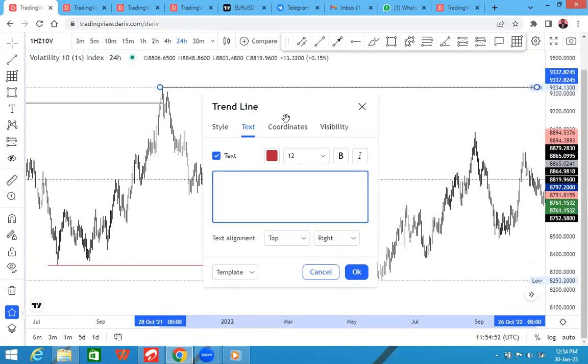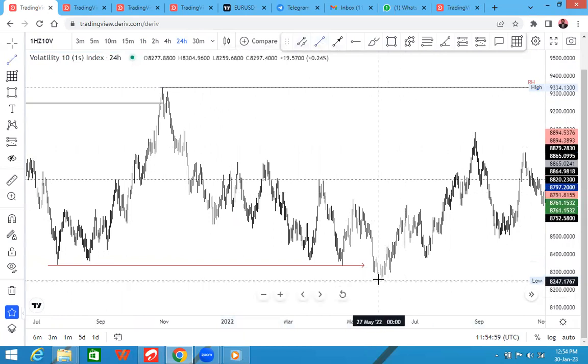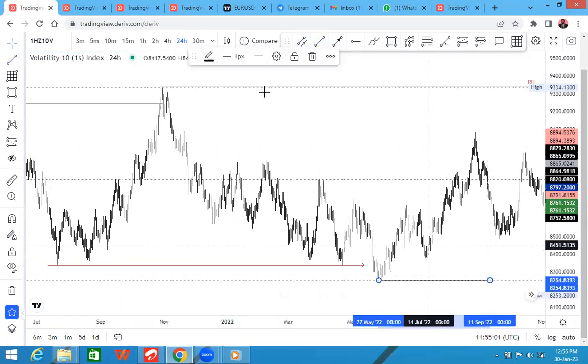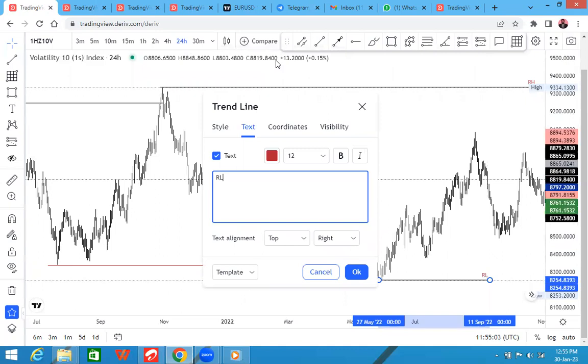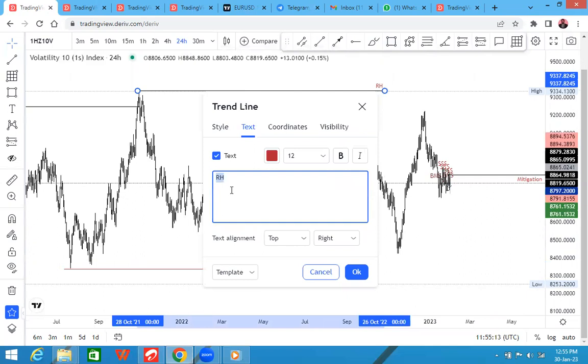Let me put it here. This is my range high. Daily range structure, we are bearish. And this is my range low on daily. Top range and the down range. Let me put this as previous week high, because this is weeks now.